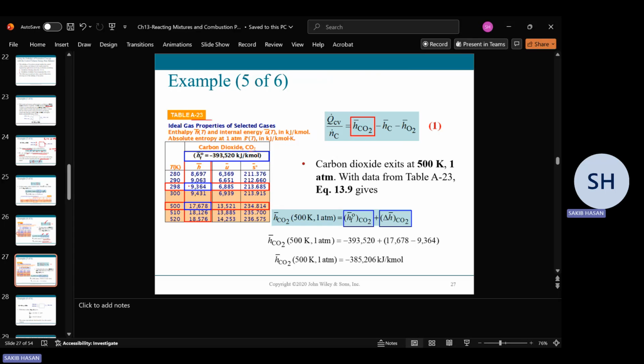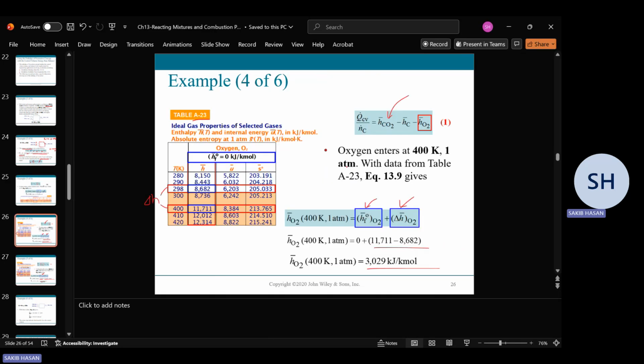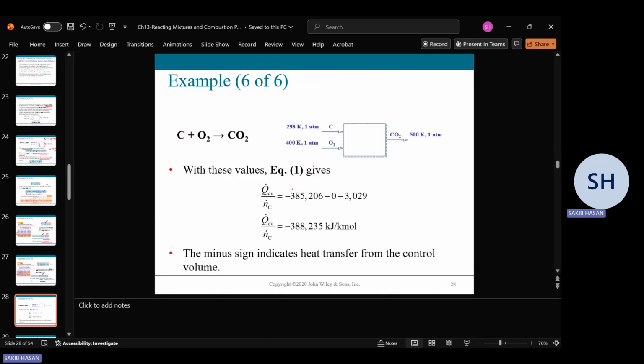You look at the change, so from the standard state to the state at 500 Kelvin, where it is after the reaction takes place. And you use table 825 to find this enthalpy of formation. You add these together, and you will get the enthalpy value. And since you have all three enthalpy values, you put this in, and you will essentially find the energy change, right?